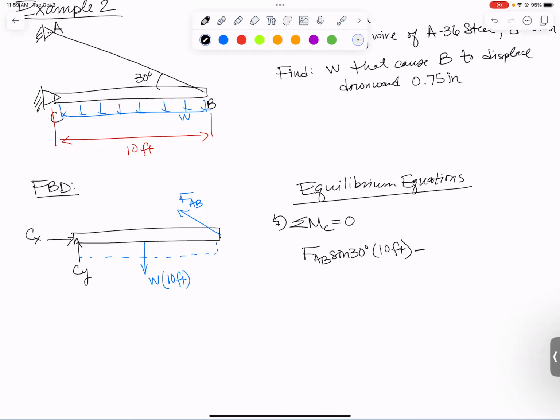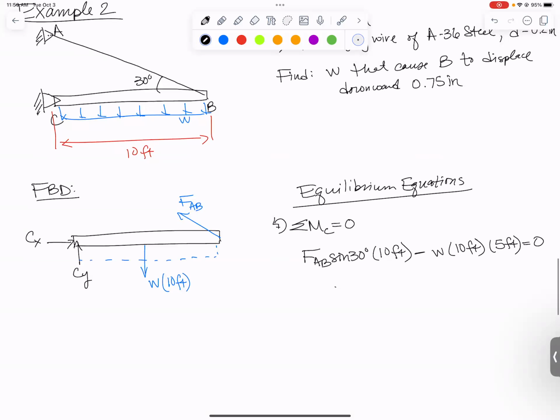That's the magnitude of the force from the distributed load, and it acts 5 feet away from point C. And that all has to equal 0. If I rearrange this and solve for W, I get that W is equal to FAB sine 30 divided by 5 feet. And I'm going to save that and use it later, because that's as far as I can get with statics. It's just a relationship between those two.